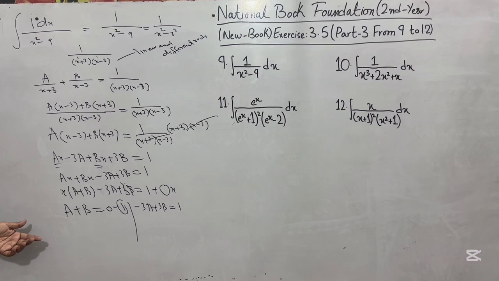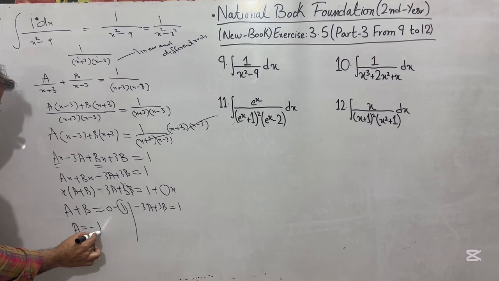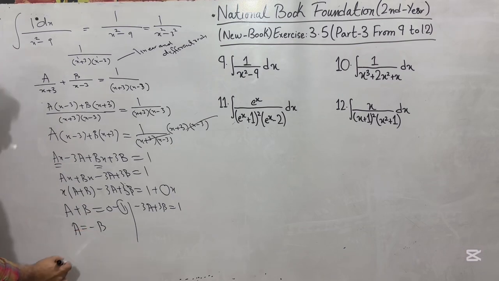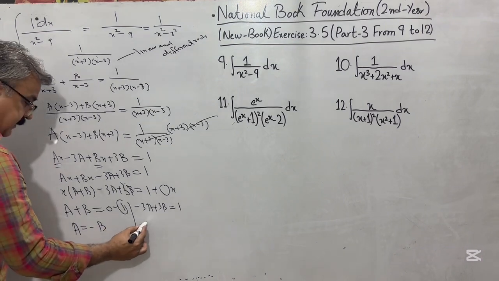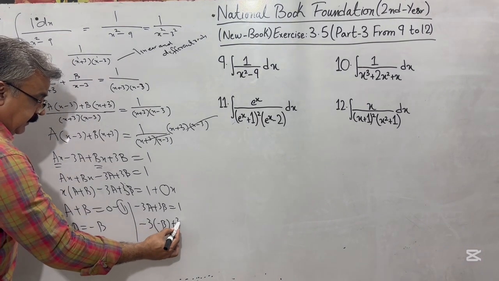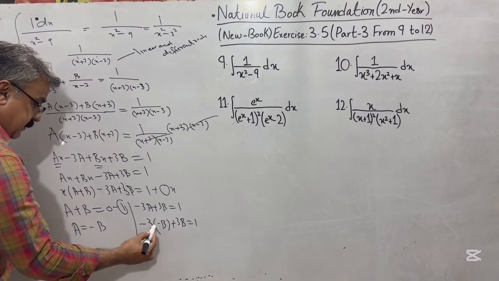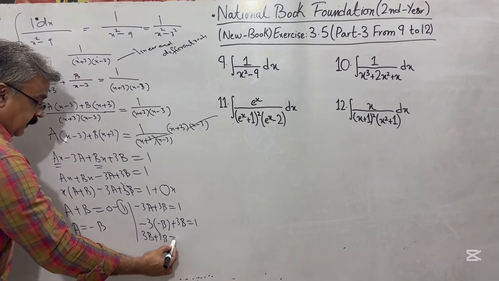Here you have two equations, solve them simultaneously. From this, the value of a is minus b. Applying the substitution technique, put minus b instead of a: minus 3 times minus b, that is plus 3b, plus 3b is equal to 1.